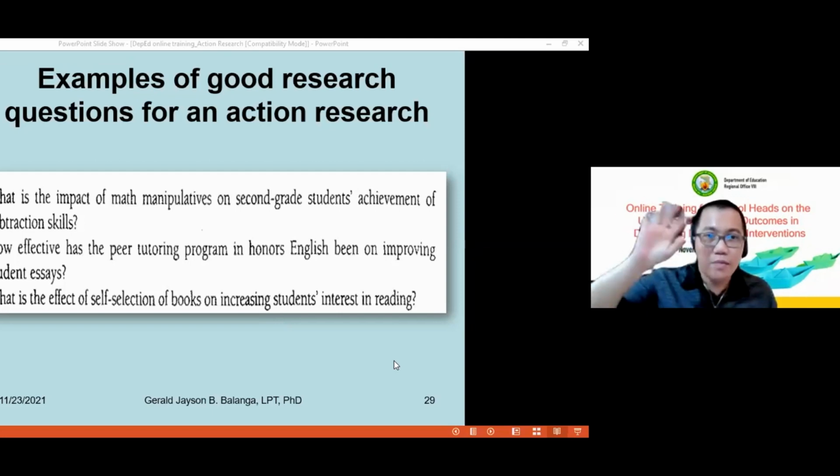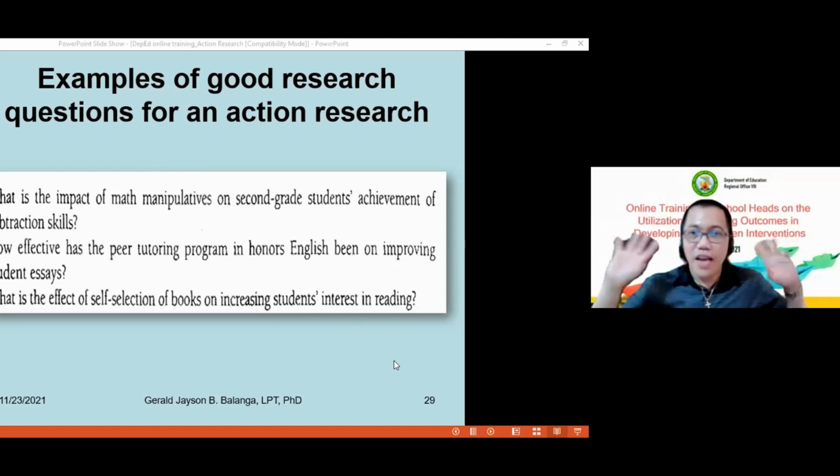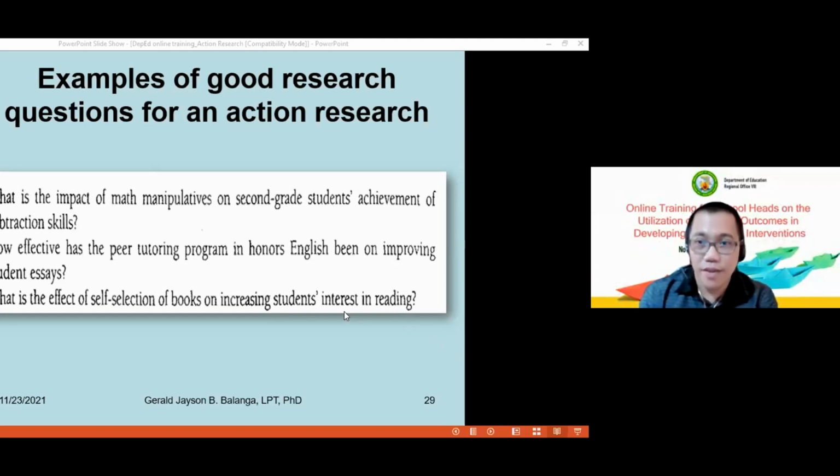You see, it's more of the use of the words impact or effect. Or you could state it this way: how has math manipulatives impacted students' achievement of subtraction skills? These questions can or may be rephrased, but the idea is or should be there.